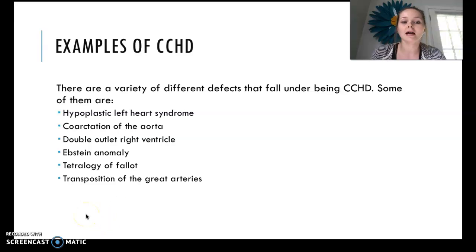So let's start with hypoplastic left heart syndrome, coarctation of the aorta, double outlet right ventricle, or sometimes called DORV, Ebstein's anomaly, tetralogy of Fallot, transposition of the great arteries. So I'll be doing slides over most of these and kind of giving pictures of what a normal heart would look like and what an abnormal heart would look like.